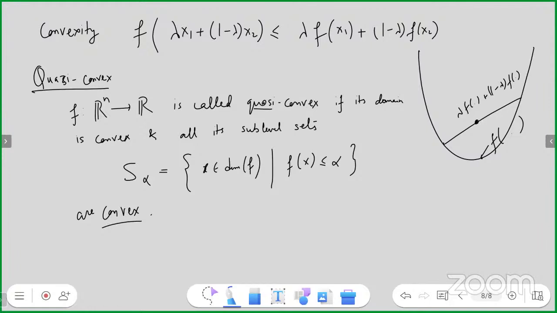Okay. Why does it satisfy? Don't worry about domain. So f of x less than or equal to alpha would just be like x is less than or equal to alpha to the power of 1. So example, x to the power 3 or 1 by 3?